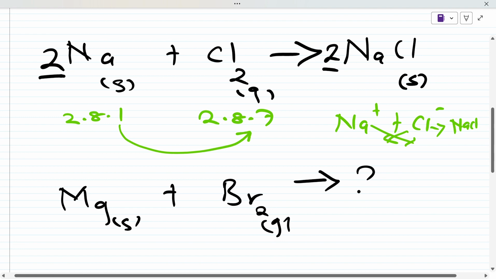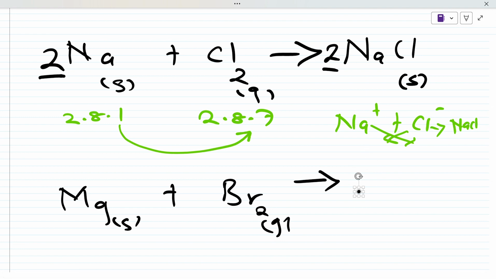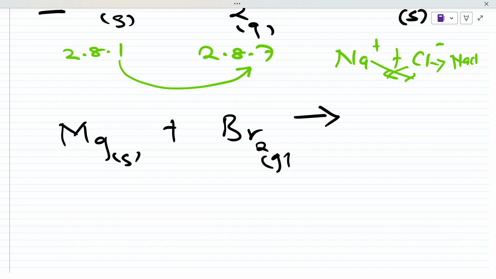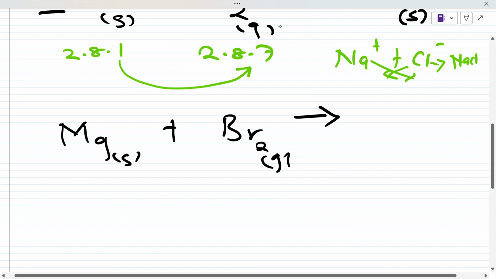Now, let's come back to a group 2 element reacting with a group 7. Magnesium is in group 2. The electronic configuration of magnesium is very simple. Magnesium is number 12 with the electronic configuration of 2:8:2.